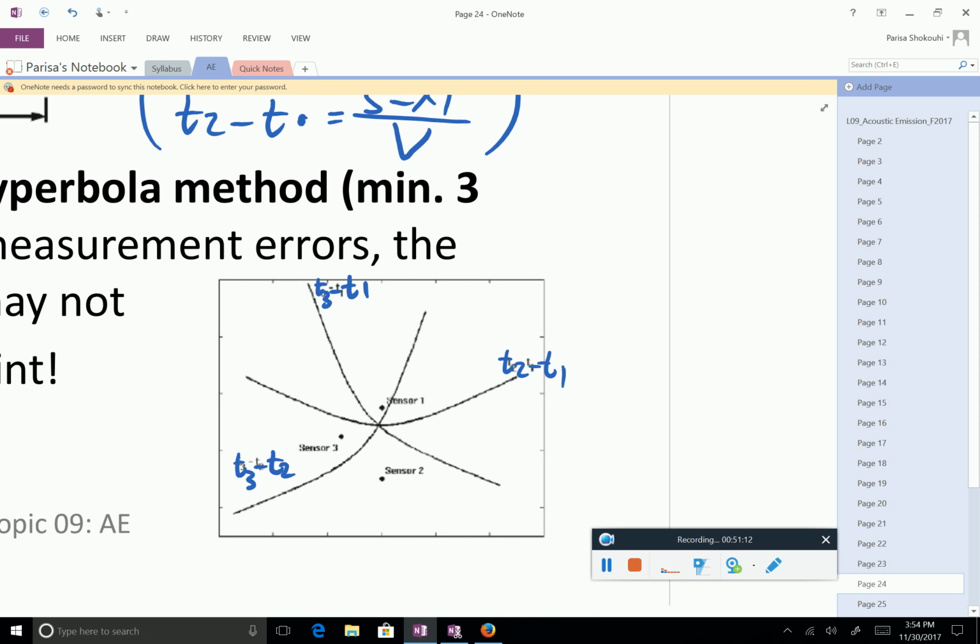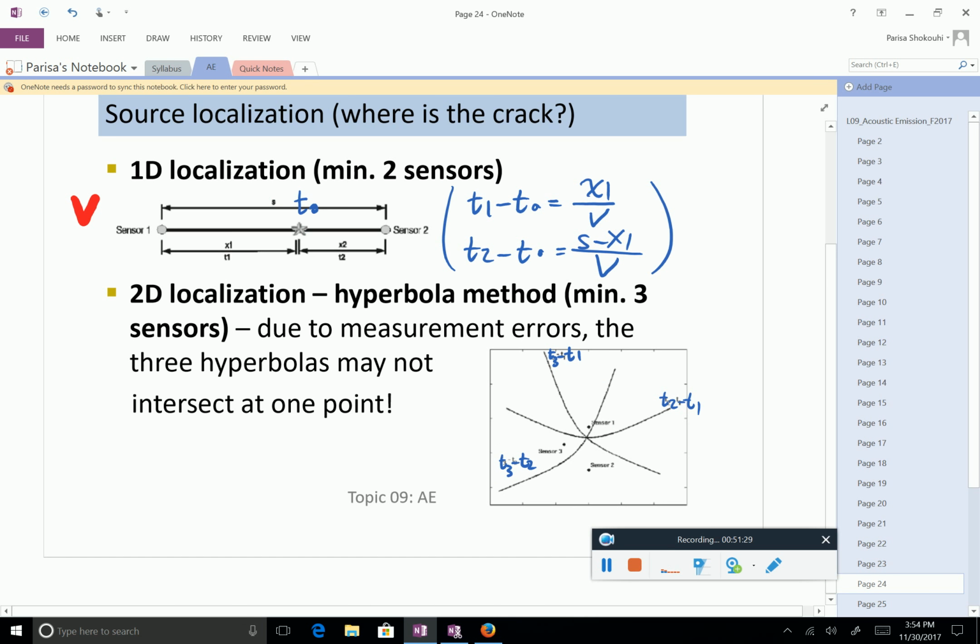Yes? I would imagine that they would always meet at one point. They don't. It seems like a very nice case. Exactly. So how do you deal with that? This is not really a practical way. You actually cannot do that. You have errors, as you said, they don't really meet. So what you do is give some margin, and you look at an area to see if the event can be in that area.